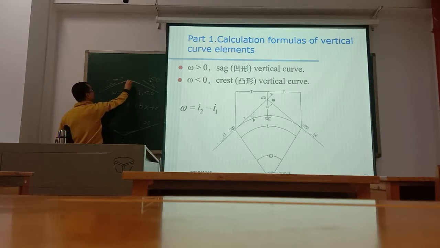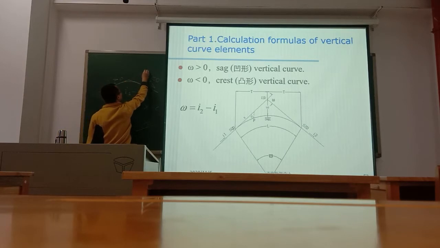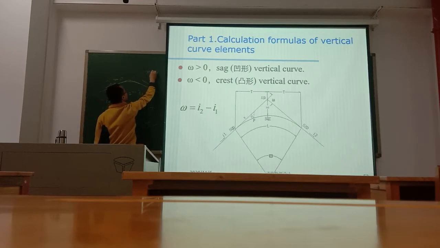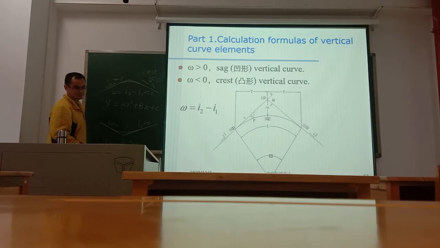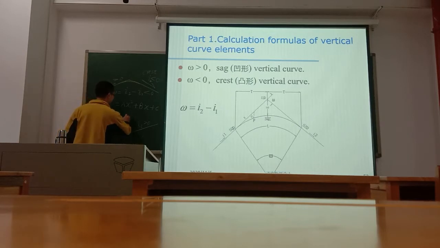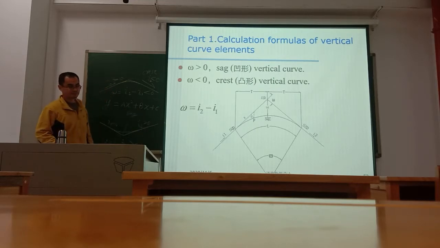This is sag. This condition is very important.